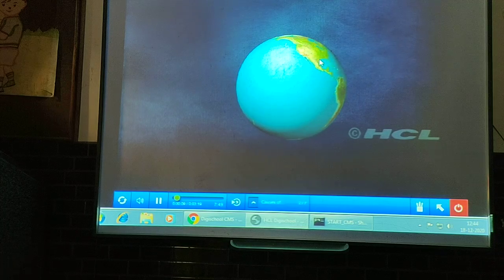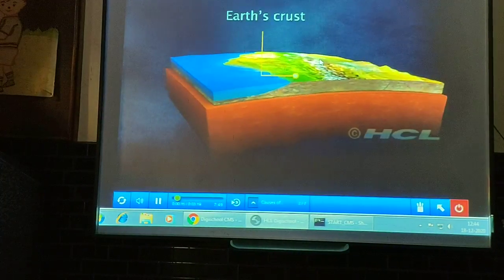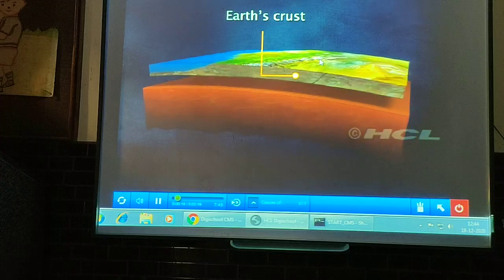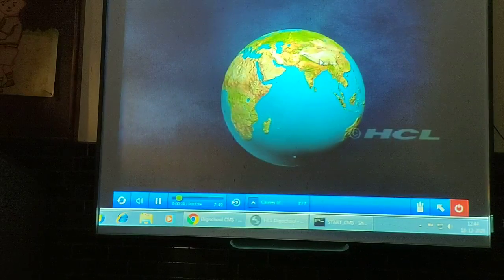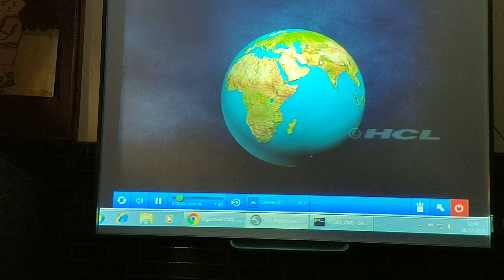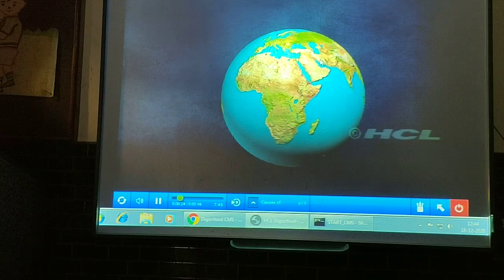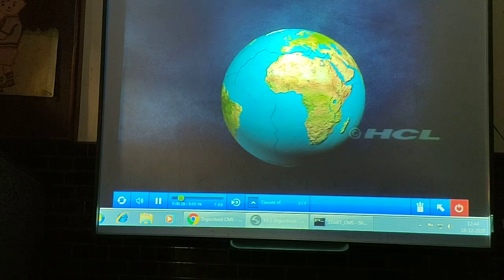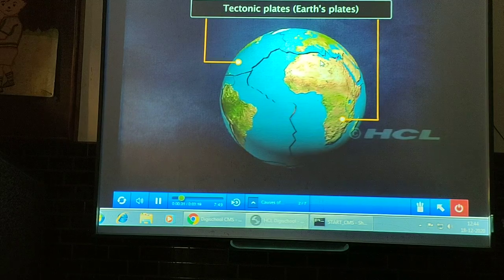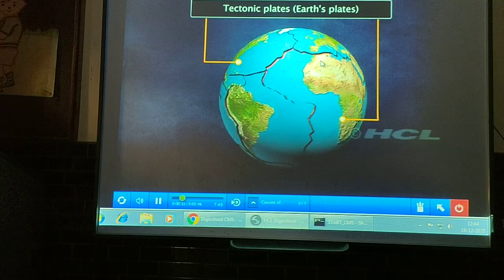An earthquake occurs when there is a disturbance in the earth's crust. Let us look at the causes of an earthquake in detail. The Earth's crust is broken down into various tectonic plates, also referred to as Earth's plates.